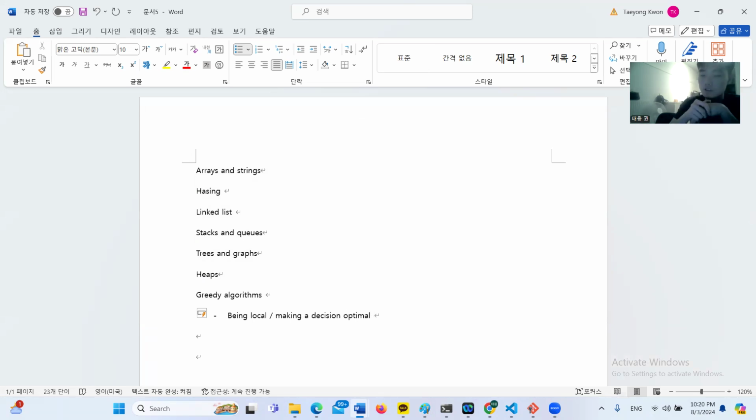So making a decision local means that it considers only the available options within its current step. So it's only based on the information that it has at the time.